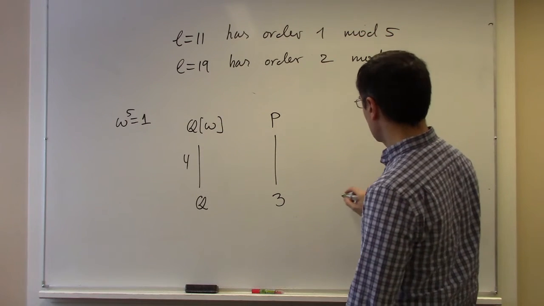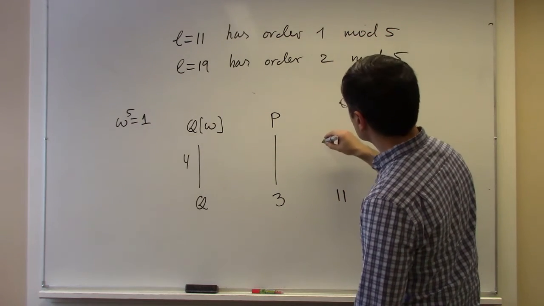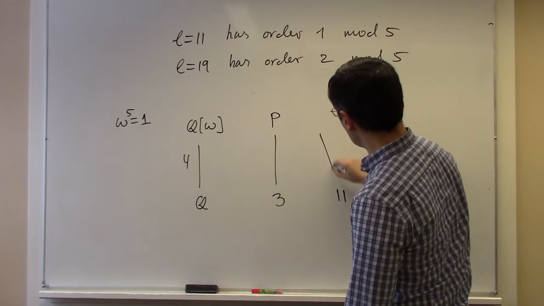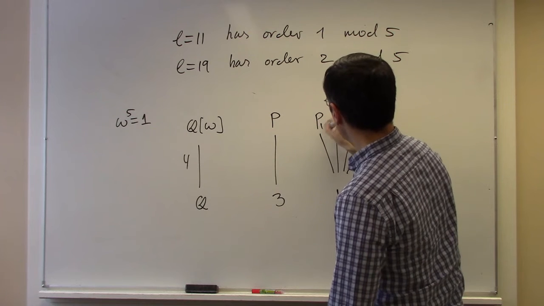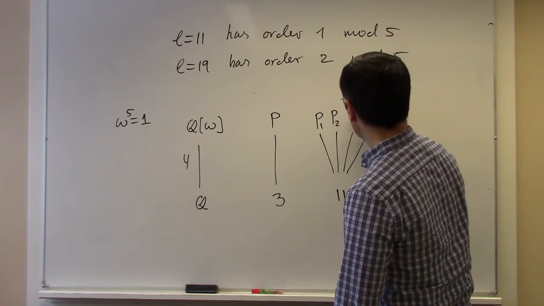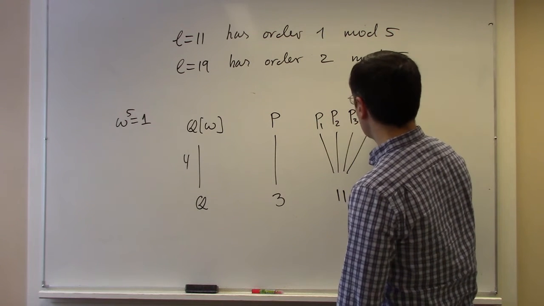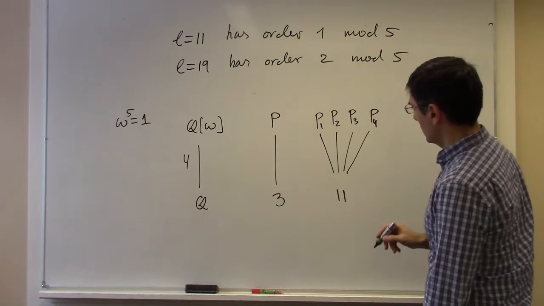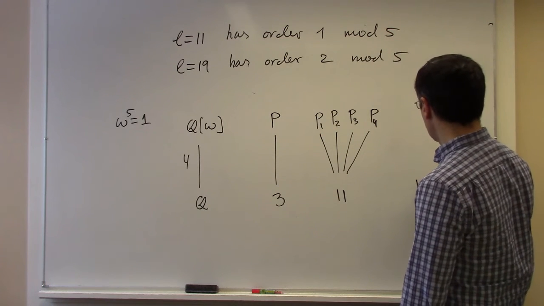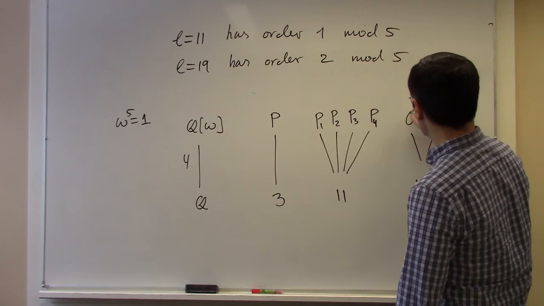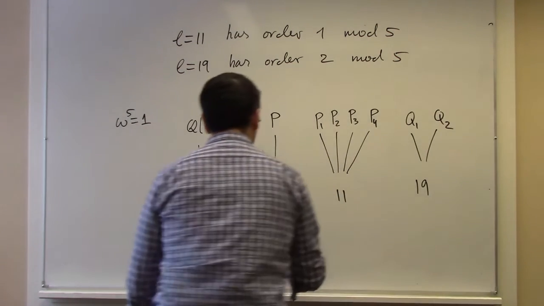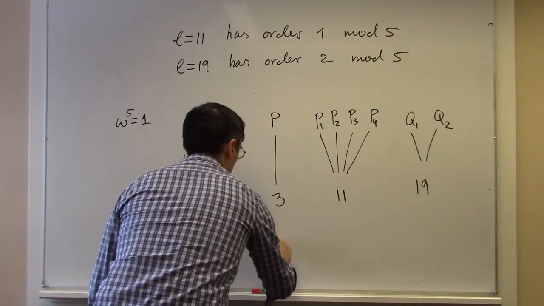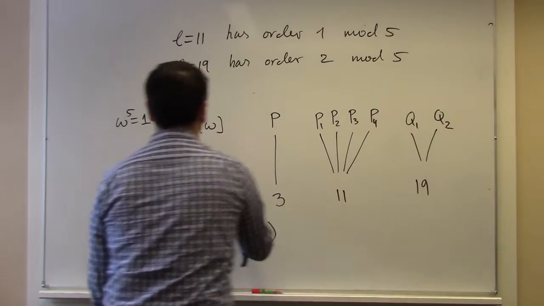If I consider 11, it splits into 4 primes. So it splits completely, P1, P2, P3, P4. And if I consider 19, then this splits into 2 primes. 3 is prime.